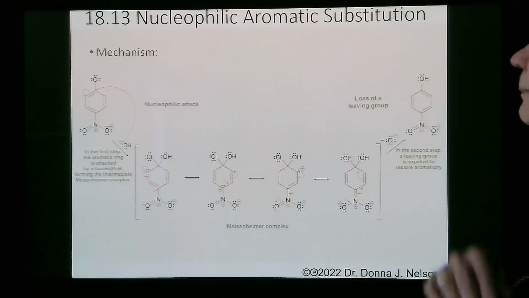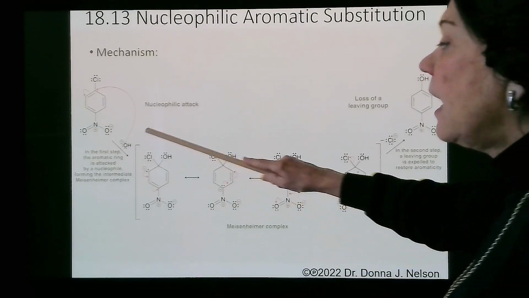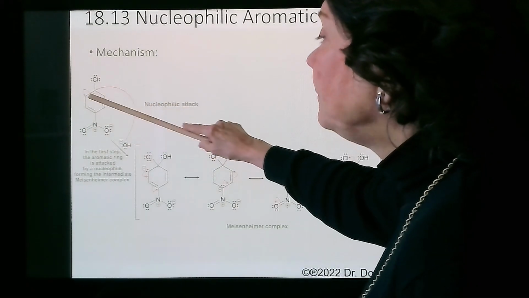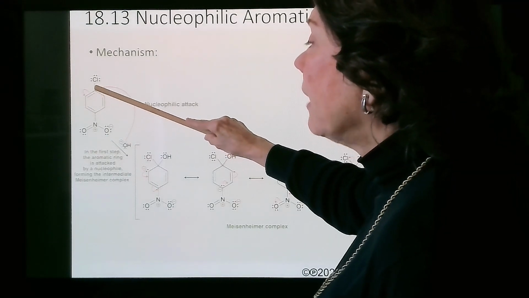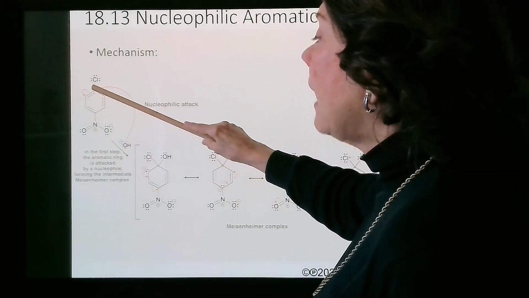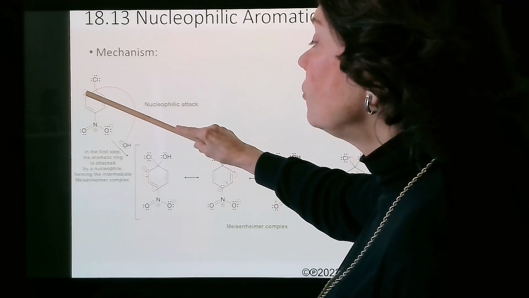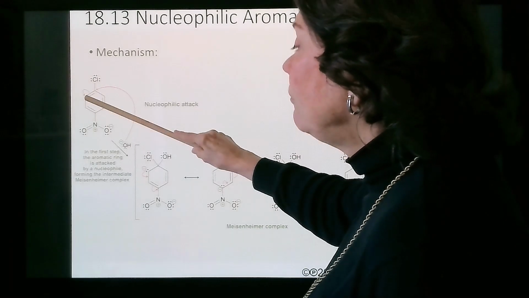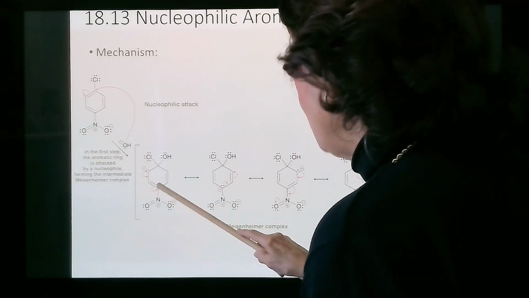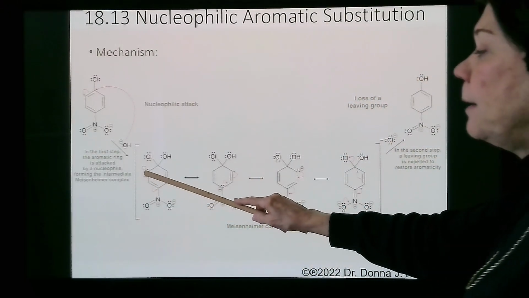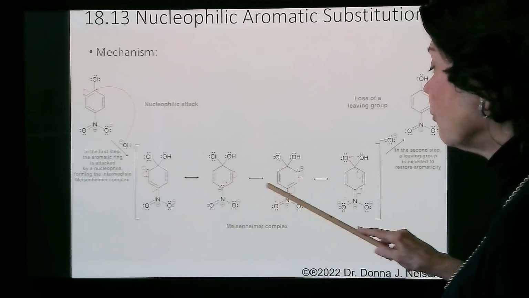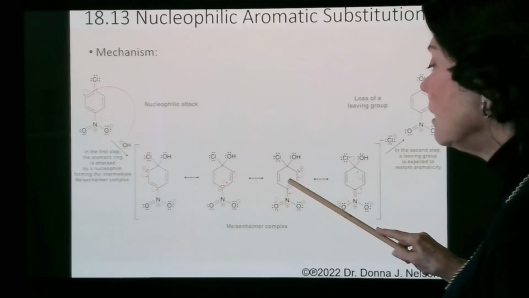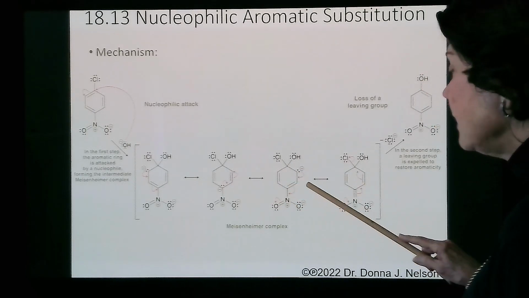We'll see that. So here we have hydroxide come in and do a nucleophilic attack at the carbon bearing the leaving group. And so the pair of electrons moves into the ring. Notice now you have a negative charge rotating through in position throughout the ring, stabilized by conjugation.